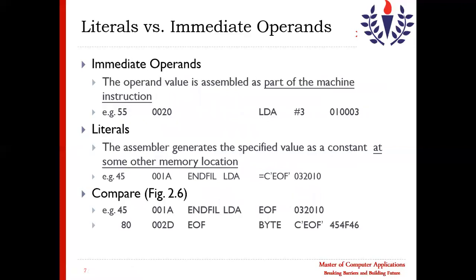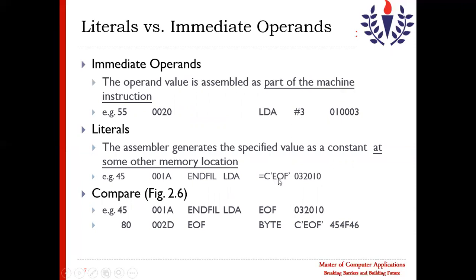Now there are terms used with literals: one is the immediate operand and one is the simple literal. It is important to understand the difference between a constant defined as a literal and a constant defined as an immediate operand. We have defined one constant here, but there will be a difference between them.